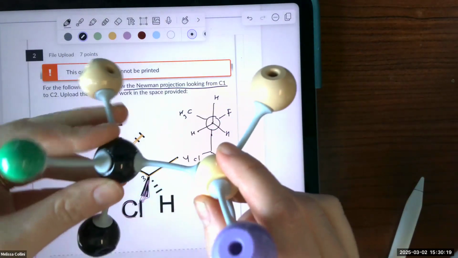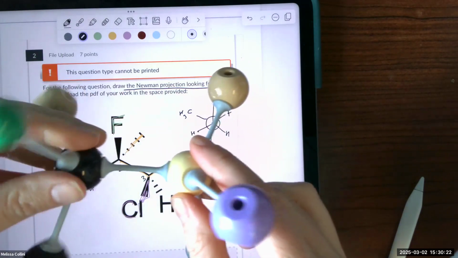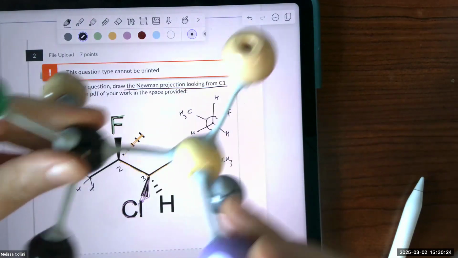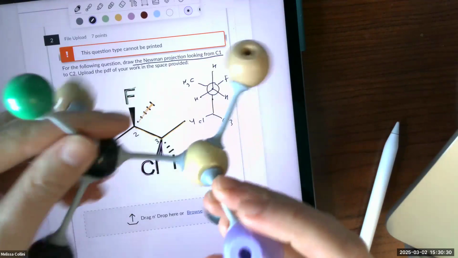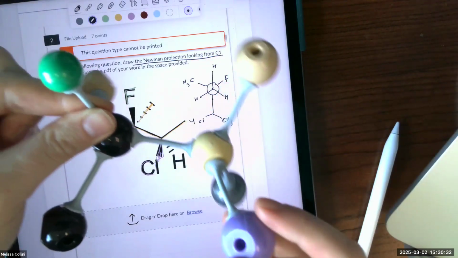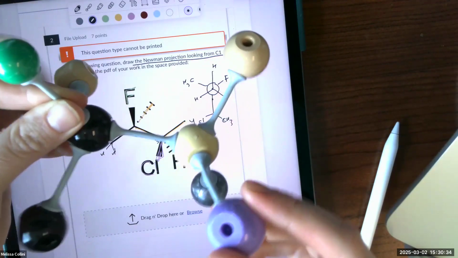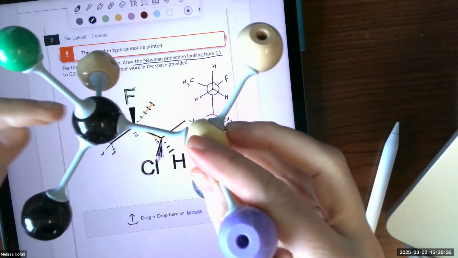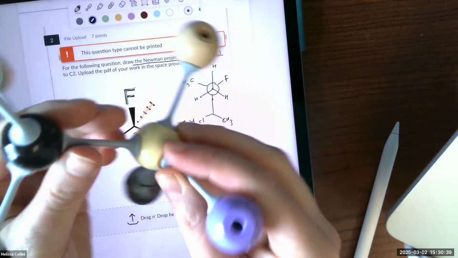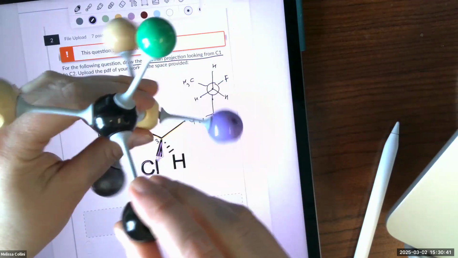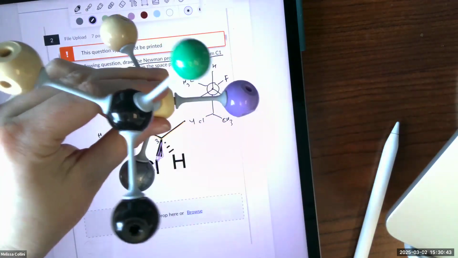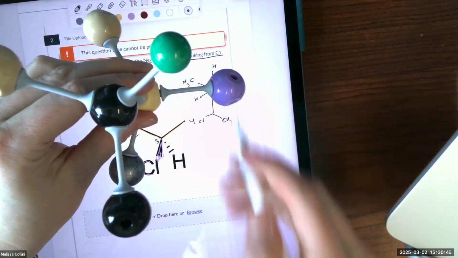So hopefully you can see how this looks a lot like what's drawn here. Let me zoom out a little bit. Hopefully you can see that. So we've got our fluorine pointed up and out, our chlorine pointed down and out. And so if I was looking down from carbon 2 to 3, I'm going to give partial credit if you did this, since that was my mistake.